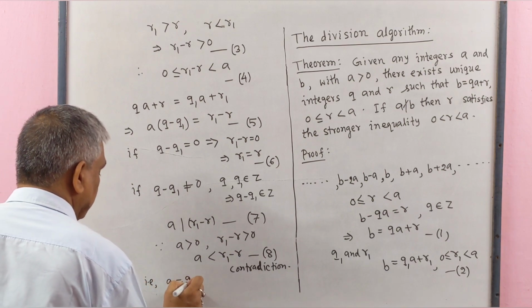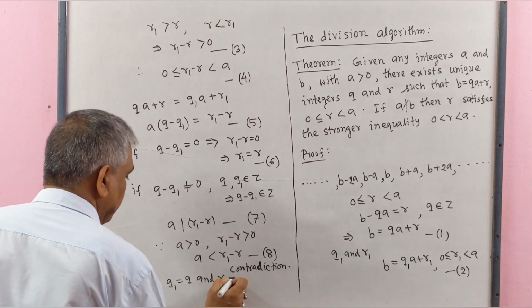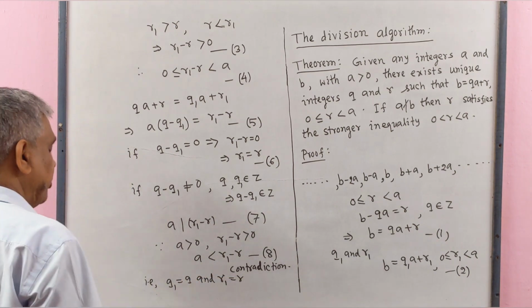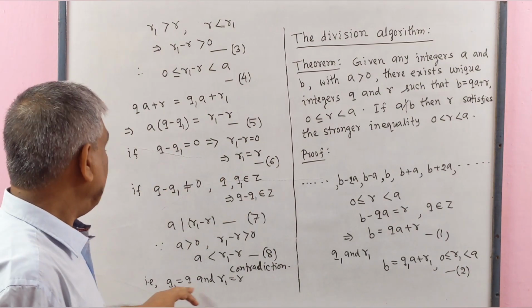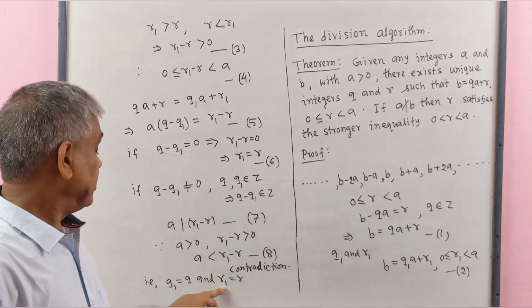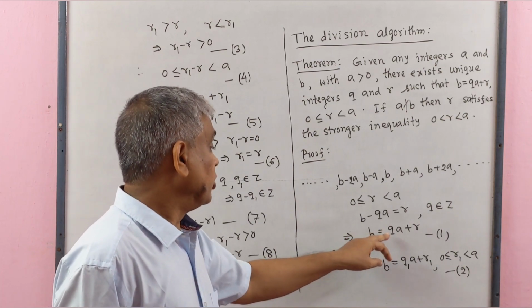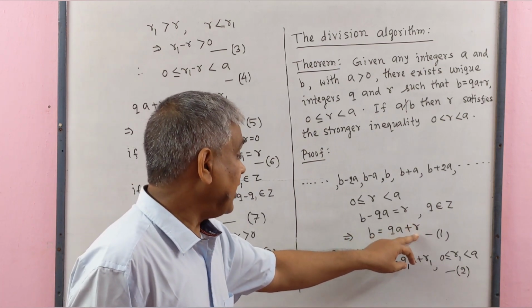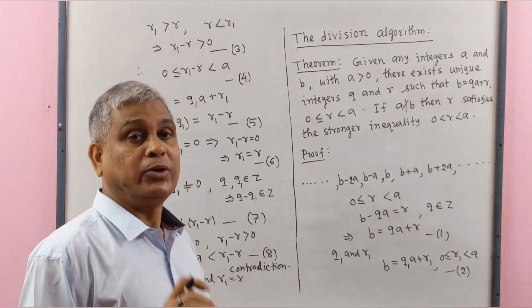Therefore, Q1 and r1 are not another different pair. Therefore, B equal to QA plus r is a unique representation. Proved.